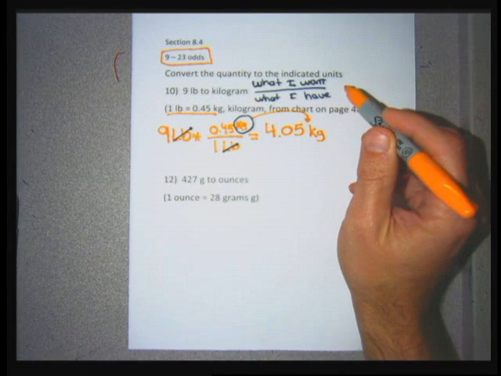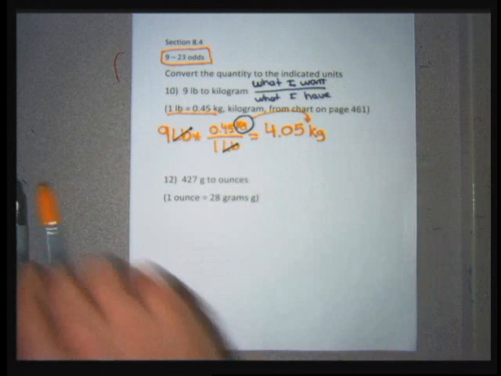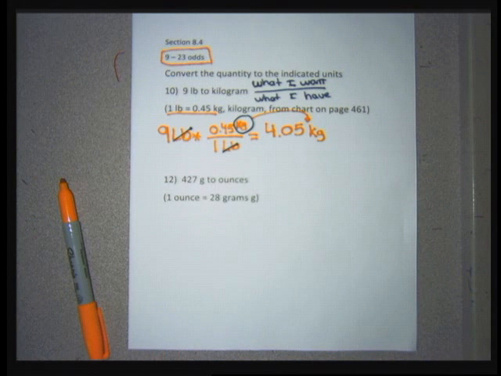The nice thing about this section is I really don't have to understand the metric system at all to do the problems that involve metric measurements. In this problem, I understand pounds. I kind of understand that kilograms are similar to pounds, but I'm not really that good with kilograms. But I didn't need a good understanding of kilograms to get this problem solved.